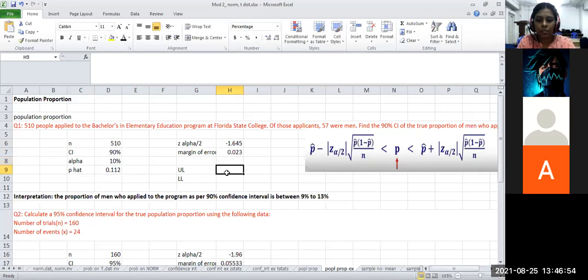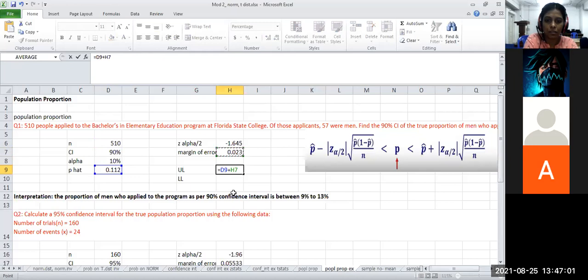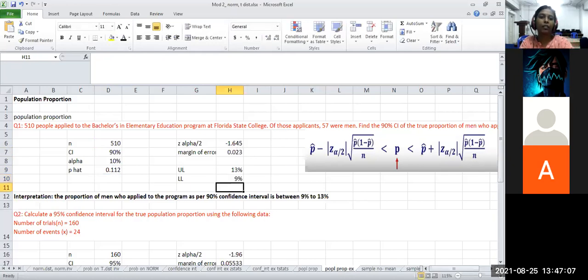So your value will be this. Fine. So these should be your values.